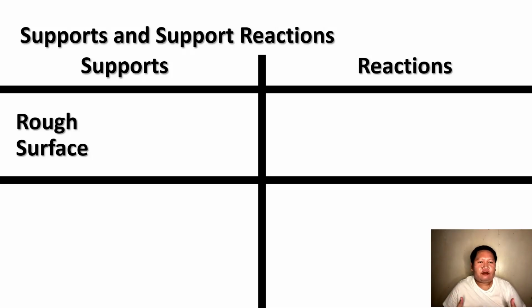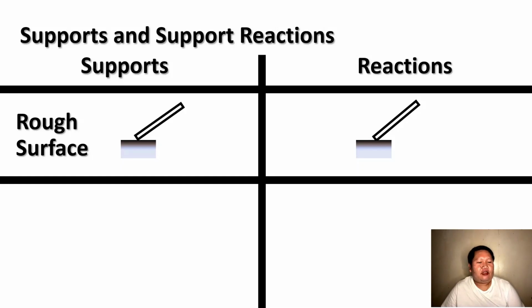Next we have the rough surfaces. Most of the examples here for rough surfaces, you'll get to encounter in your dynamics of rigid bodies, which is the next course after this one. Rough surfaces mean we are now going to consider friction. For example, that is the rough surface support.